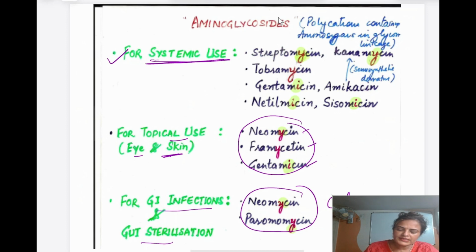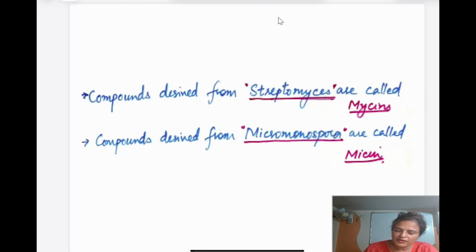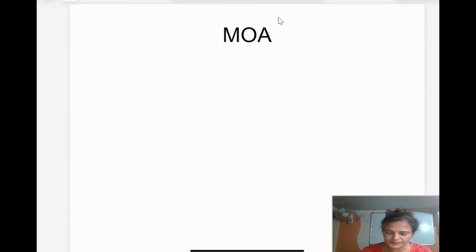Where the Y is there, they are derived from Streptomyces; that is called mycin. And the compounds derived from Micromonospora are called micin. This is a very important question, so they ask why it is Y, what is the significance of this Y and I.